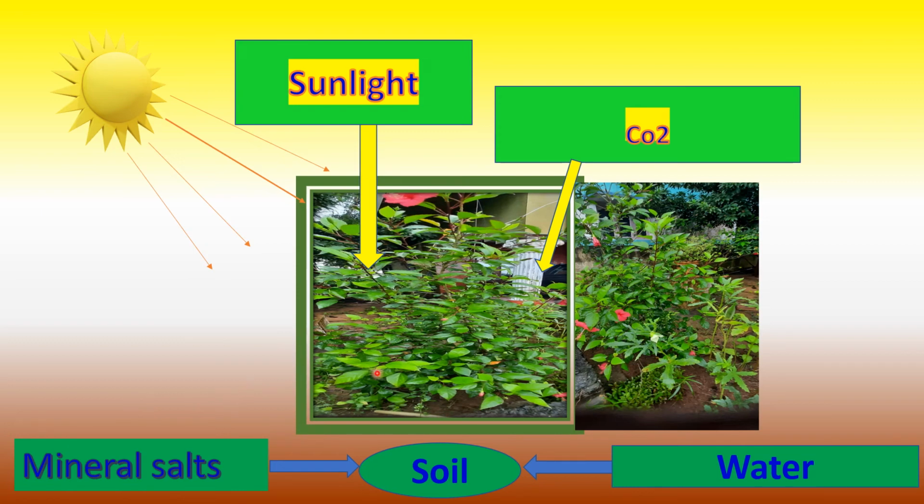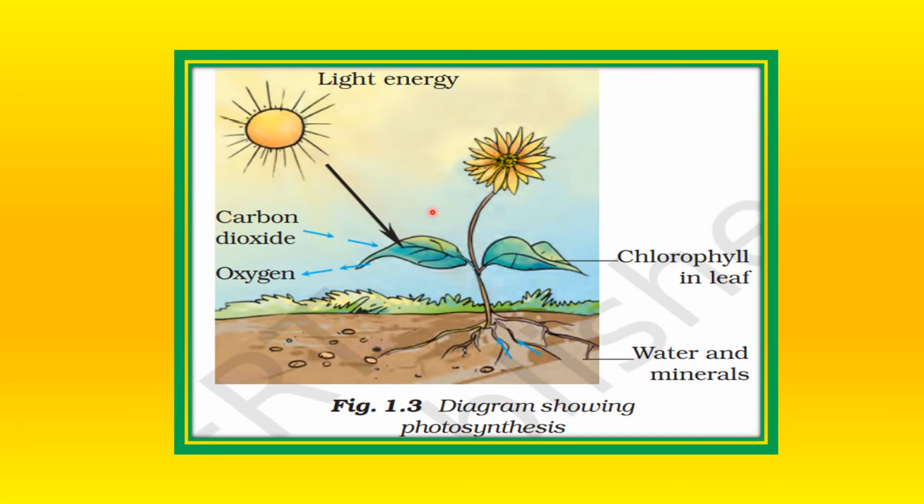This process is called photosynthesis. Okay. The raw materials needed for photosynthesis: water and minerals, chlorophyll pigment, carbon dioxide and solar energy.